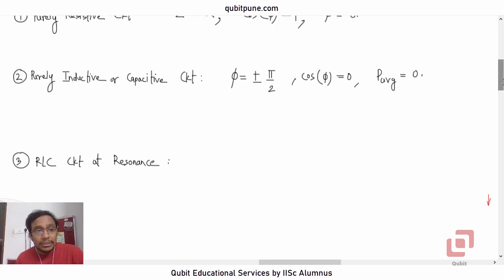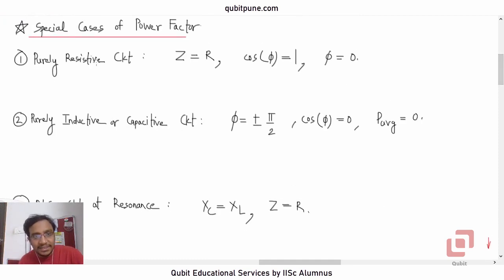Now suppose you have an RLC series circuit at resonance. At resonance, XC becomes equal to XL, therefore impedance Z becomes equal to the resistance R. Please note, the first case and the third case are different.